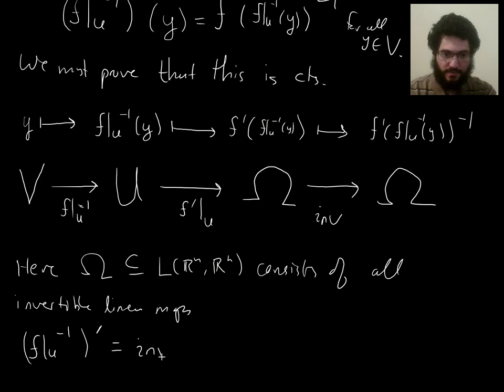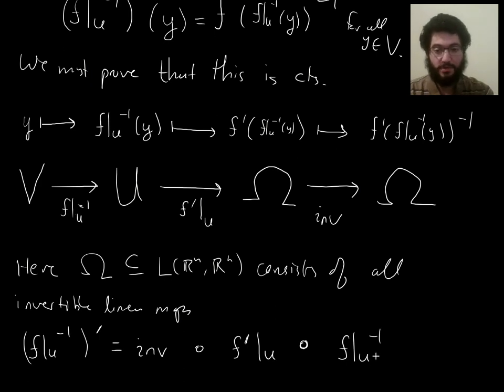It's inv composed with, I'm basically just reading this backwards because of how composition notation is kind of backwards, f prime restricted to u, composed with f restricted to u inverse. So it's a composition of three functions. And if all three functions are continuous, then I can conclude that this function is continuous, and then I'll be done with the proof of the inverse function theorem.